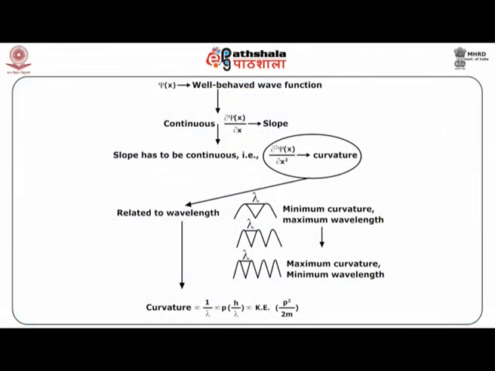Here you can see we are showing three matter waves. In one, lambda is very small. In another, lambda has some intermediate value, and in the top one, lambda is very large. Wherever curvature is maximum, wavelength is minimum. So curvature is related to wavelength.